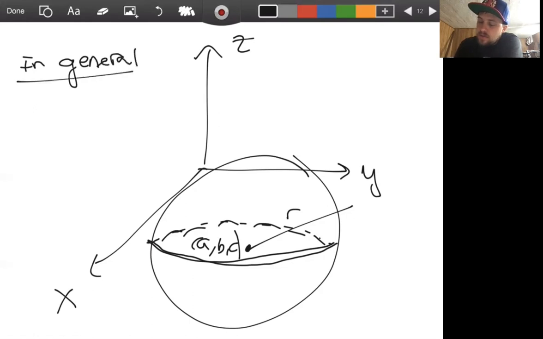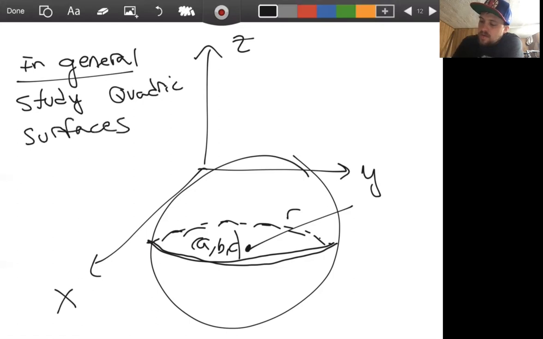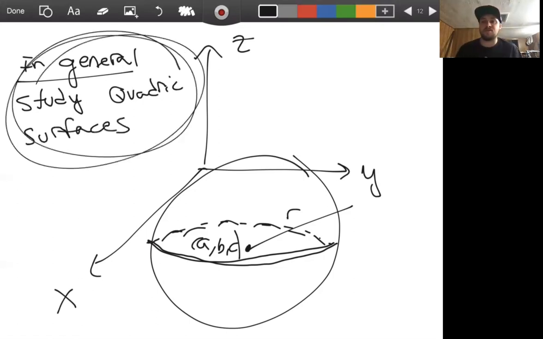We'll study what are called quadric surfaces. So we'll take a look at quadric surfaces in a few sections. We want to build some more notions of vectors first before we really get into studying quadric surfaces.